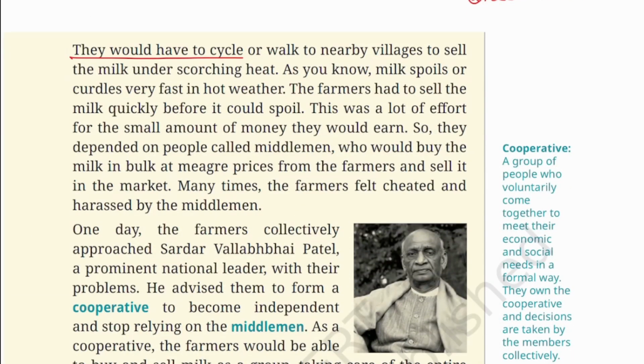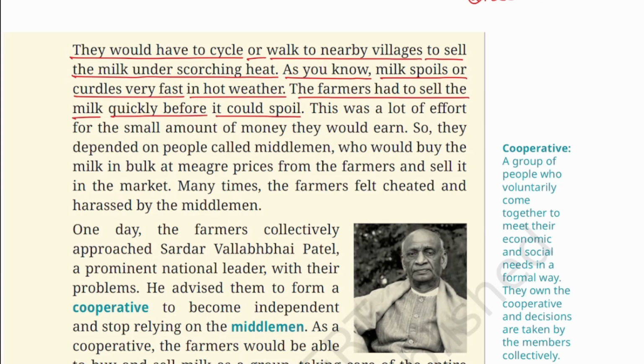They would have to cycle or walk to nearby villages to sell the milk under scorching heat. As you know, milk spoils or curdles very fast in hot weather. The farmers had to sell the milk quickly before it could spoil. This was a lot of effort for the small amount of money they would earn.